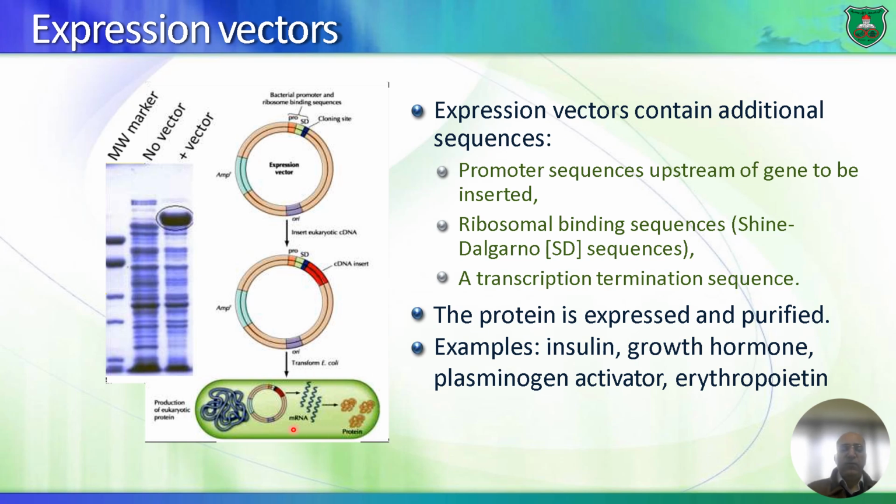Now, again, cells are stupid. We can fool them. We use a bacterial promoter, by the way, not the insulin gene promoter, for example. So bacteria can be fooled so that they would transcribe the gene of interest, this one right here, starting with their promoter region.